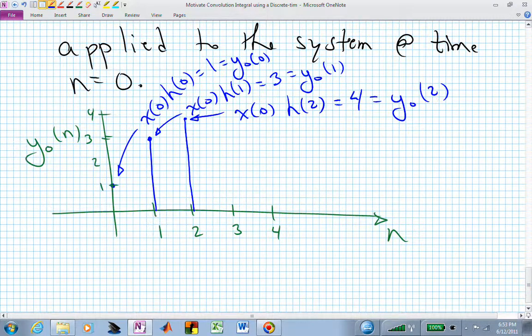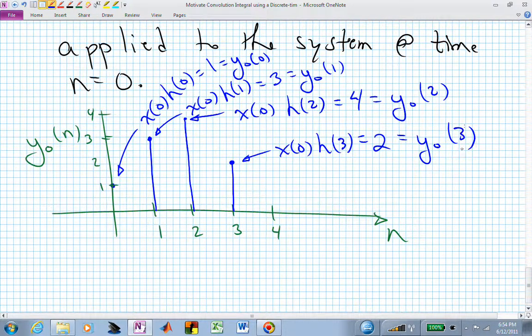We have one more time instance because this continues to evolve 3 units after we apply the input. In this case, it went down to a value of 1 for our pulse response. We scale that by 2 because of x sub 0 being 2, and this now gives us 2, which is y sub 0 at time 3.